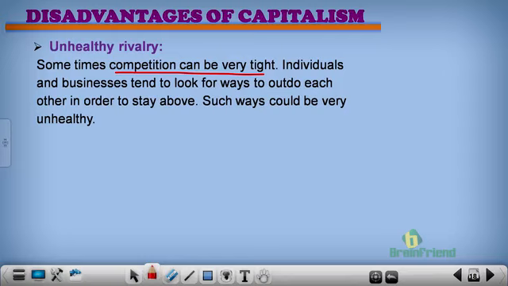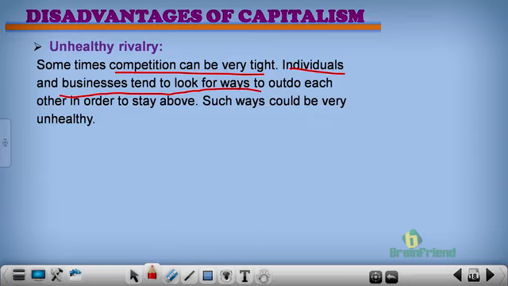They give themselves into carrying out different measures that are unhealthy. So capitalism as a whole encourages or leads to unhealthy rivalry, where individuals and businesses look forward to outdoing each other in one way or the other, just to stay above.